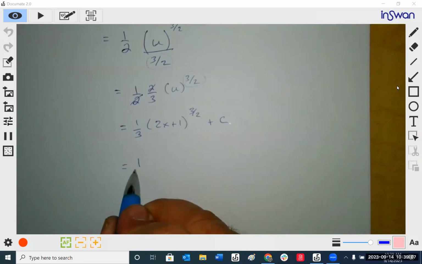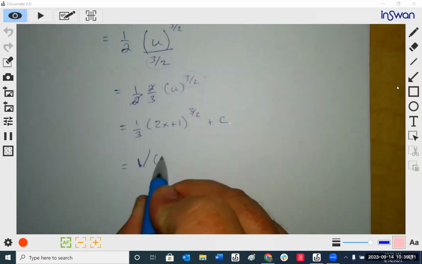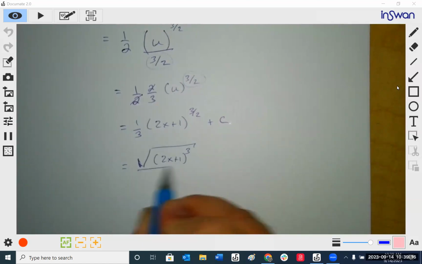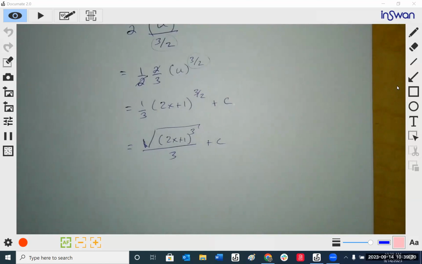Or if you want to, you could always put it back into the original function, 2x plus 1 cubed all over 3 plus c. That's our antiderivative.